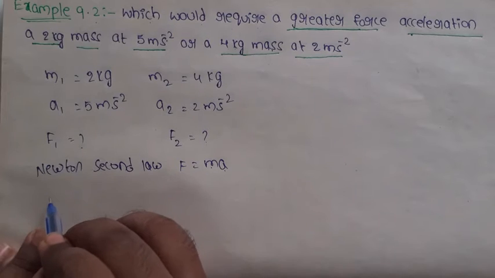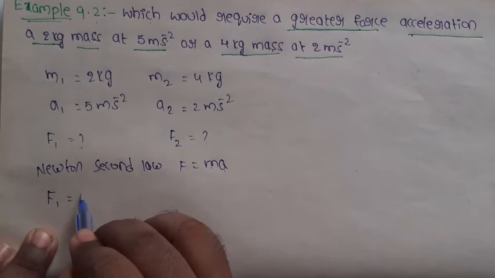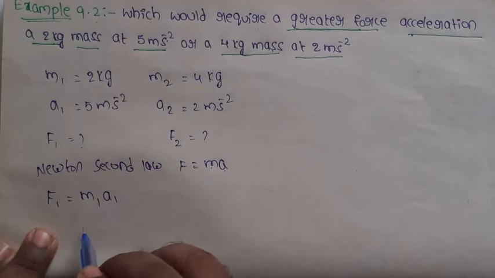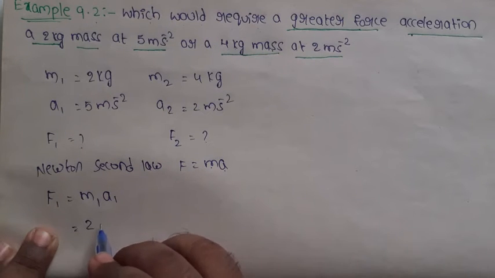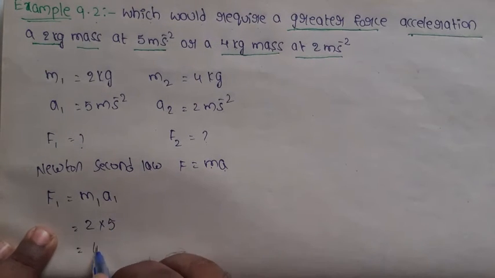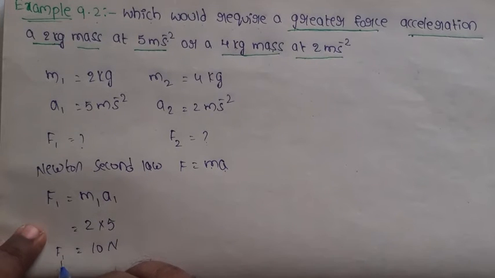So I am going to find first of all F1 equal to m1 a1. The mass of the first object is 2 and its acceleration is 5. So 10 Newton force acting on the first object is F1.